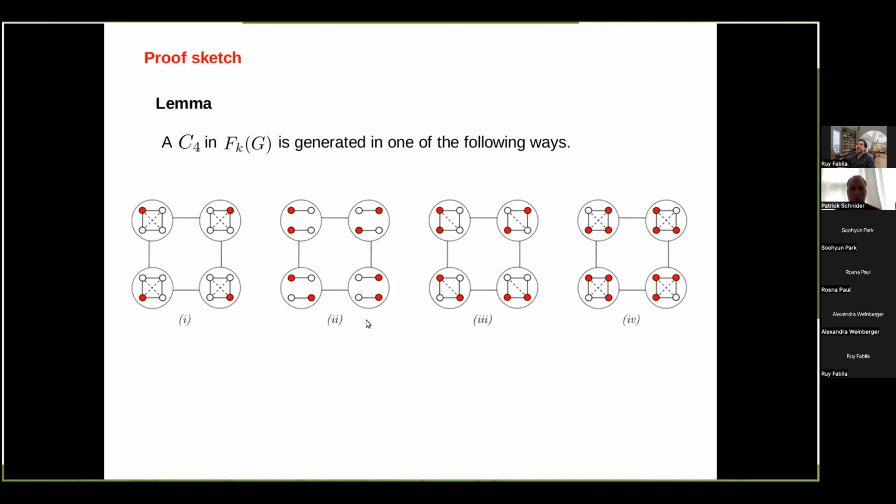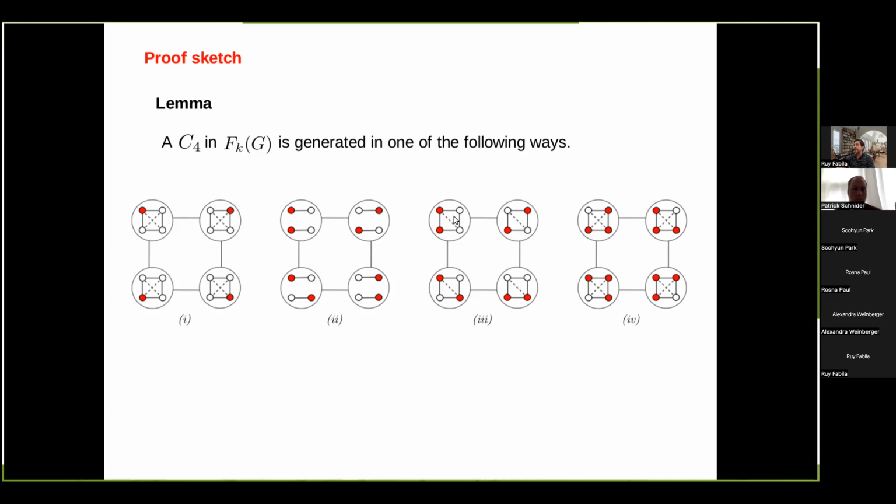So either you have a 4 cycle in G and you have one token moving along this 4 cycle, and that will generate a 4 cycle in the token graph. Or I can have 2 disjoint edges and move one token in each independently. That will also generate a 4 cycle.